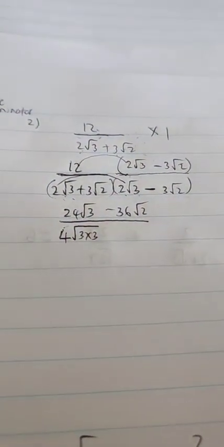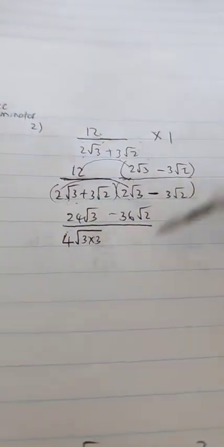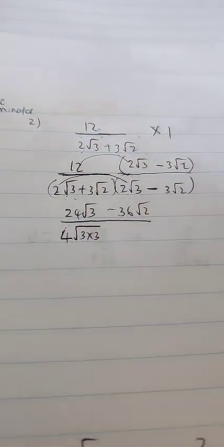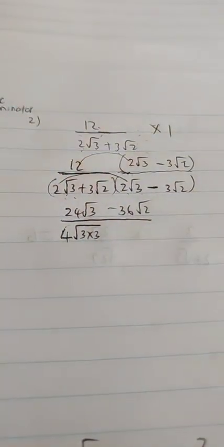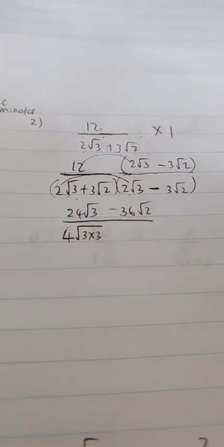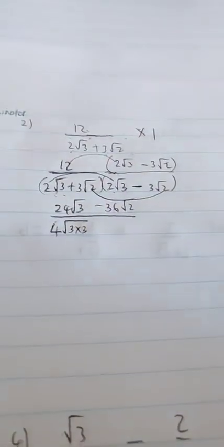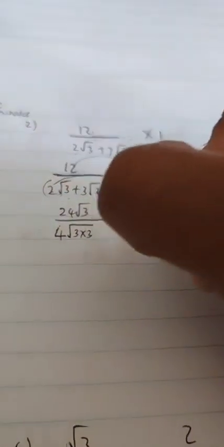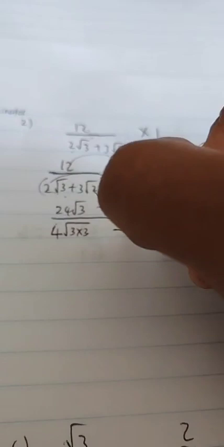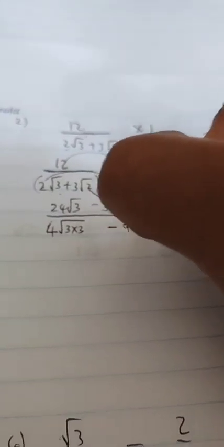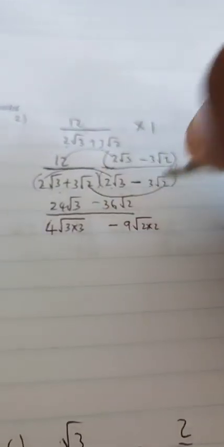Then there you are going to have a root 3 times 3 inside the square root. Now you could distribute for your 2 middle terms, but you know that you are going to subtract them and get 0 in the middle. What you are interested in is just the last, which is going to be minus 9 root 2 times 2.